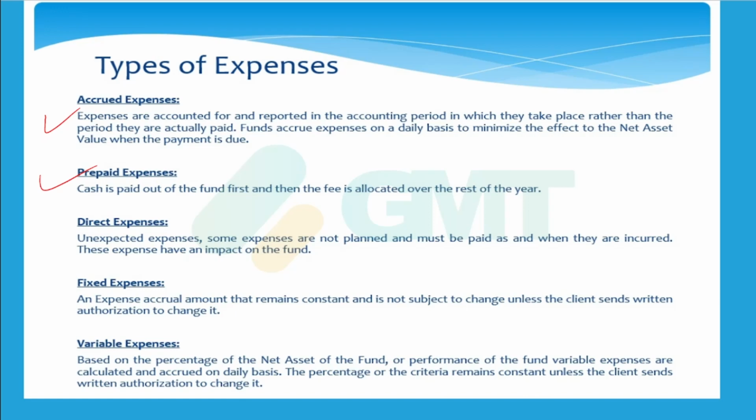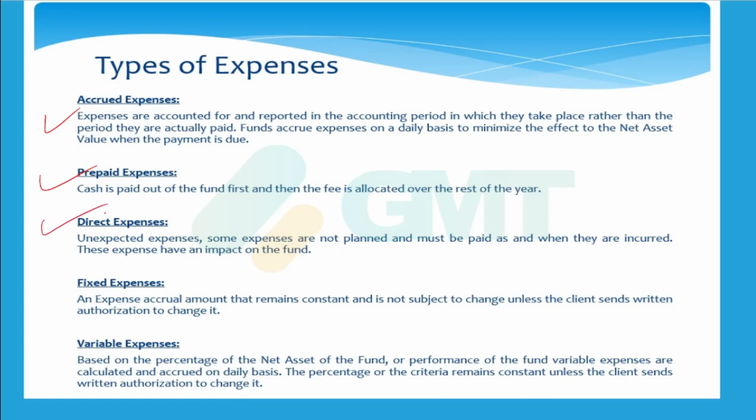Let's say initially the fund paid $12,000 for the next 12 months, right? So for every month you're gonna do the accounting for $1,000 which has been paid in advance, right? In that way you can apply the accounting treatment for a prepaid expense and record it in the books of account.